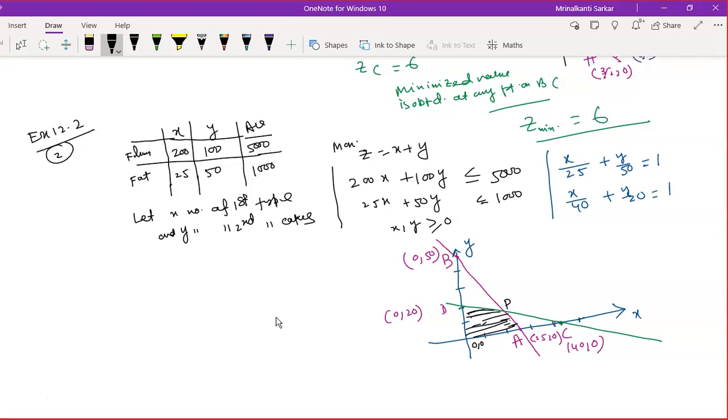This point, all of you know, point P, in the graph you will count and you will get. Let me do it here now. Multiply the second one by 2 and subtract.